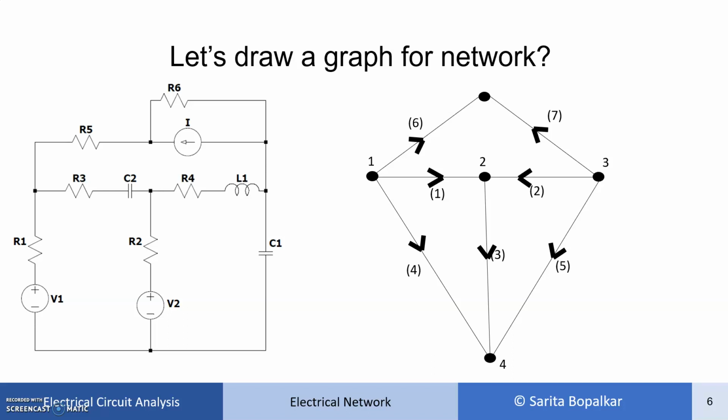If your branch holds voltage source, you have to replace it by short circuit. Why? Internal impedance of voltage source is 0 and internal impedance of current source is infinite. So voltage source short circuit means you have to draw the line segment. For current source open circuit means there is no need to draw a line segment. So this is a simple technique to draw a graph of a network.